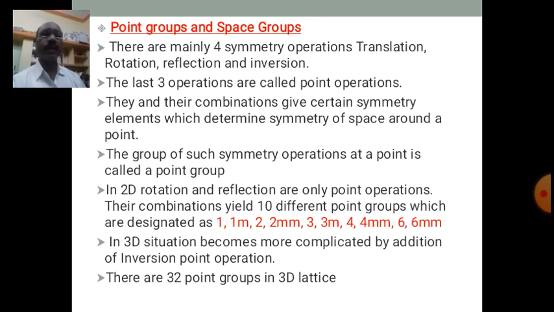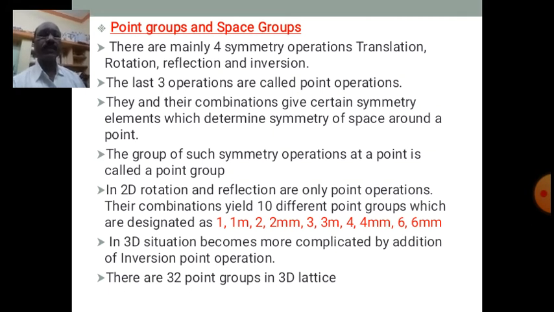They and their combinations give rise to certain symmetry elements which determine symmetry of space around a point.